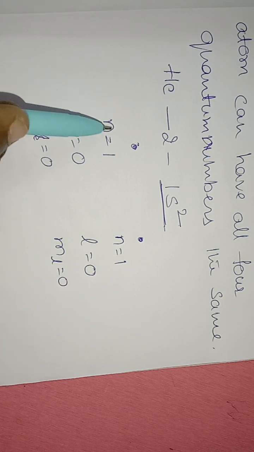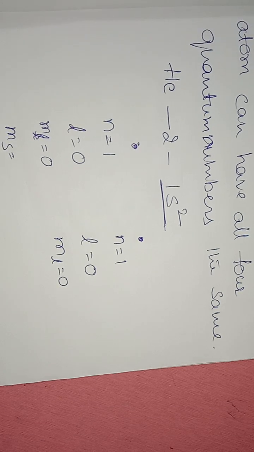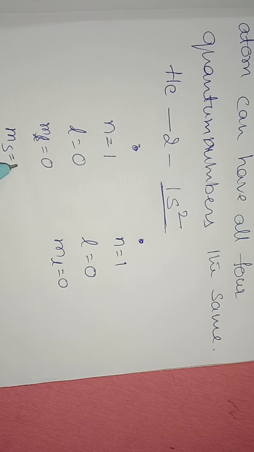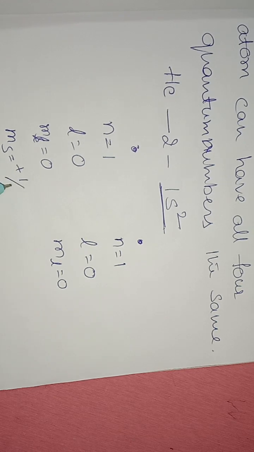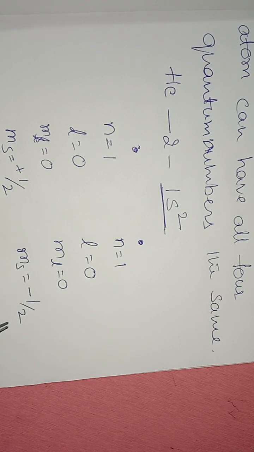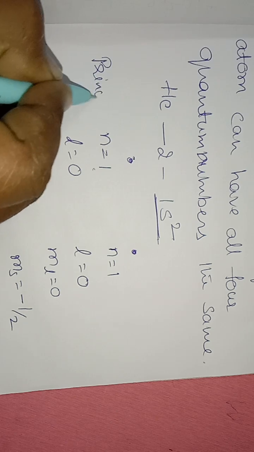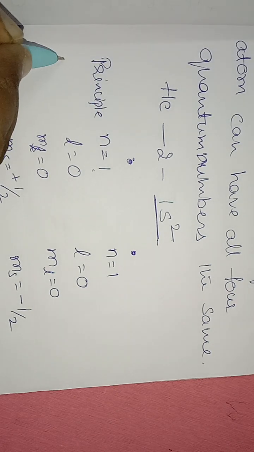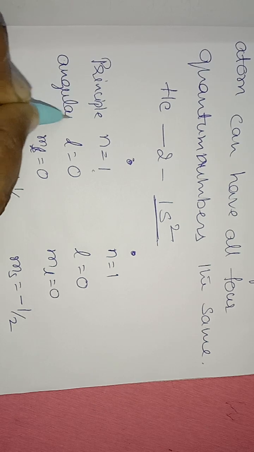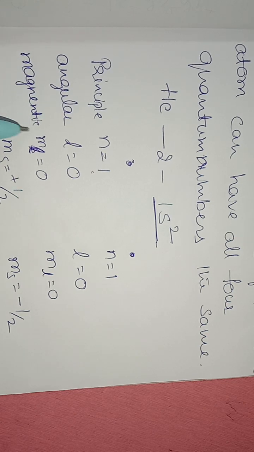Quantum numbers: principal quantum number, angular momentum, magnetic quantum number. The only thing that changes is the spin quantum number. The first electron rotates in a clockwise direction, and the second in an anti-clockwise direction. n represents the principal quantum number, l represents angular momentum, m is the magnetic quantum number, and this one says spin.